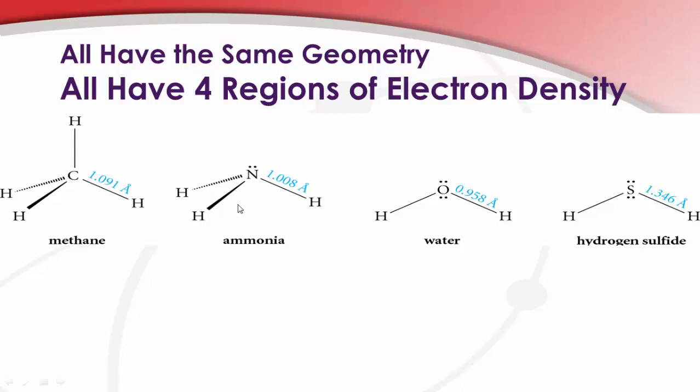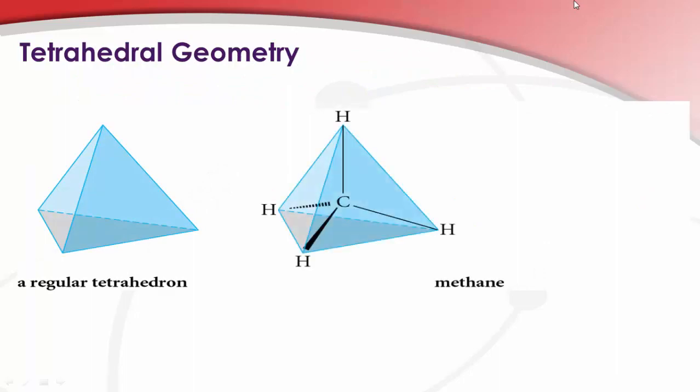The other species form this based on the idea that even the unpaired electrons repel the paired electrons, the shared electrons in the bonds. We call this geometry tetrahedral because in the case of methane, we see the hydrogens at the points of a tetrahedron, and then carbon at the center of the shape.